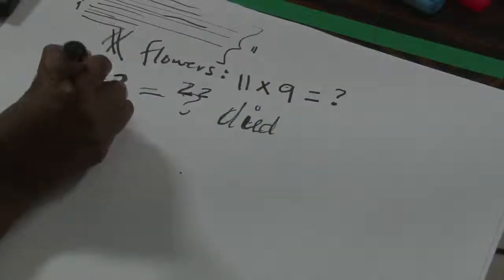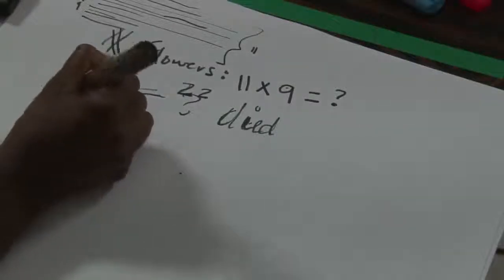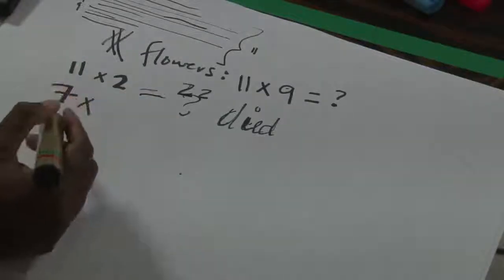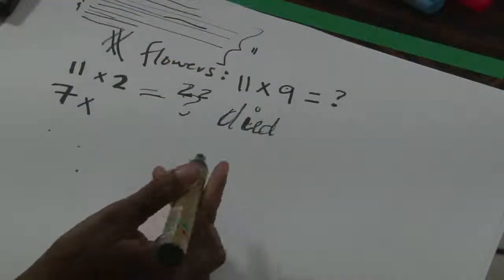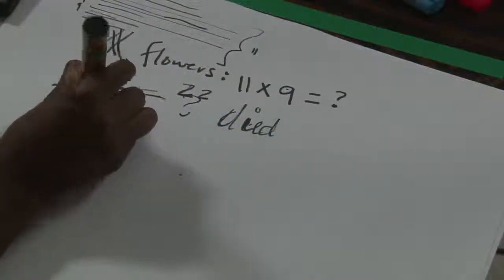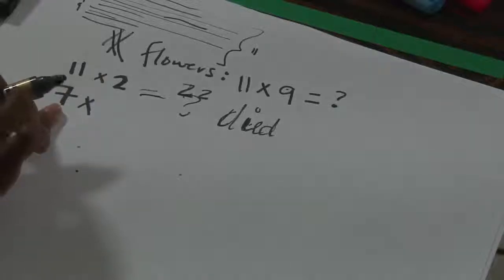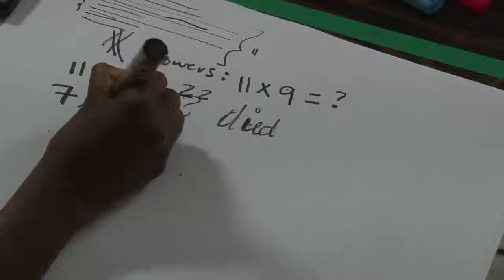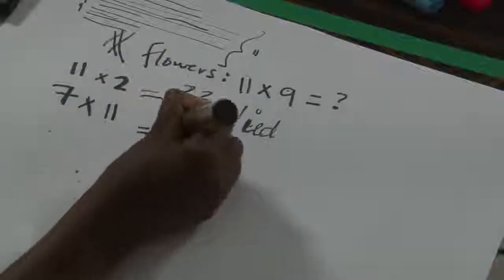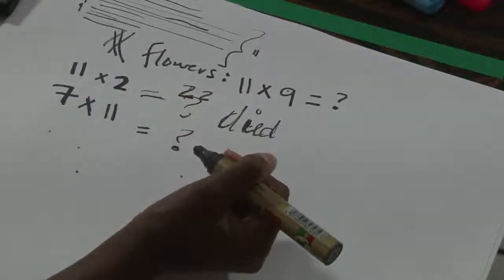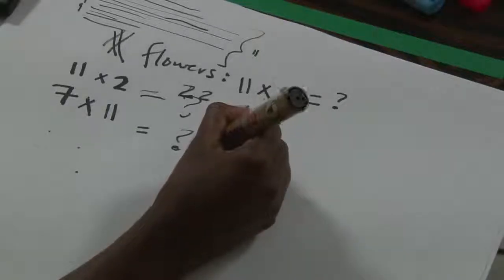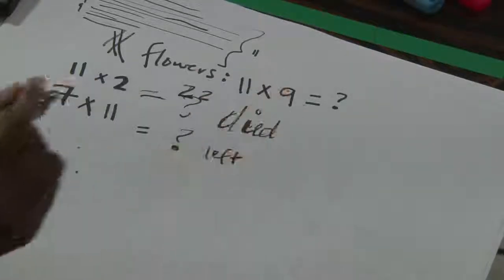So now you still have 11 rows, but you only have 7 plants on each because the 2 died. So you still do the same: the surviving ones, 7 on each row, you multiply with the number of rows, which is 11. Then you get your answer. Then you know how many were left after winter.